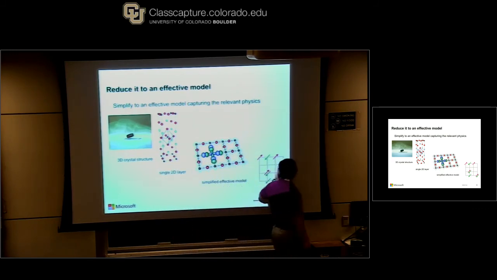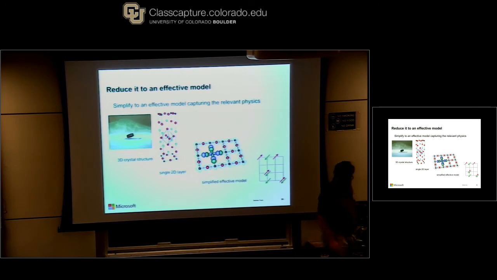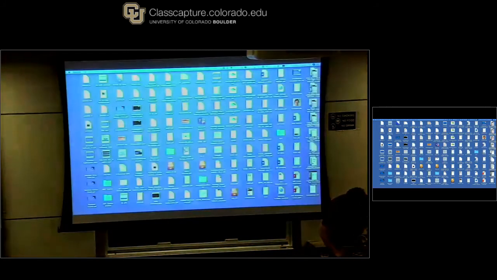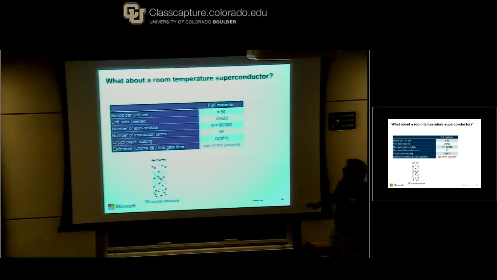And then one has a simplified model, the Hubbard model. And with that, it looks much better. Because for the Hubbard model, the number of terms is linear.